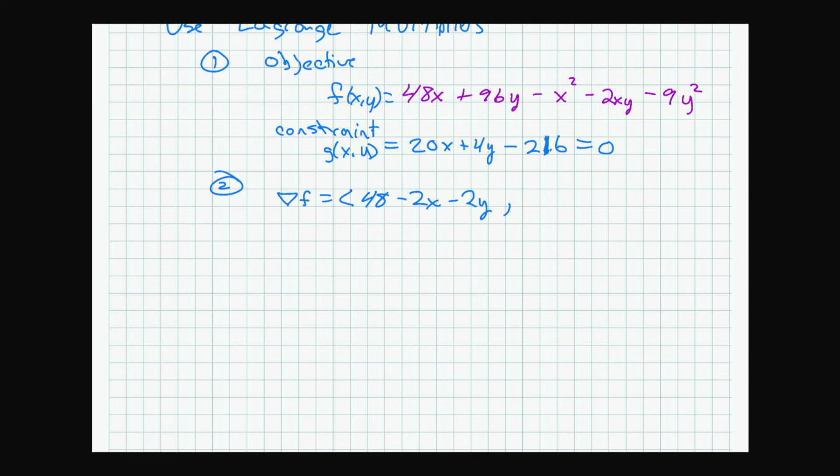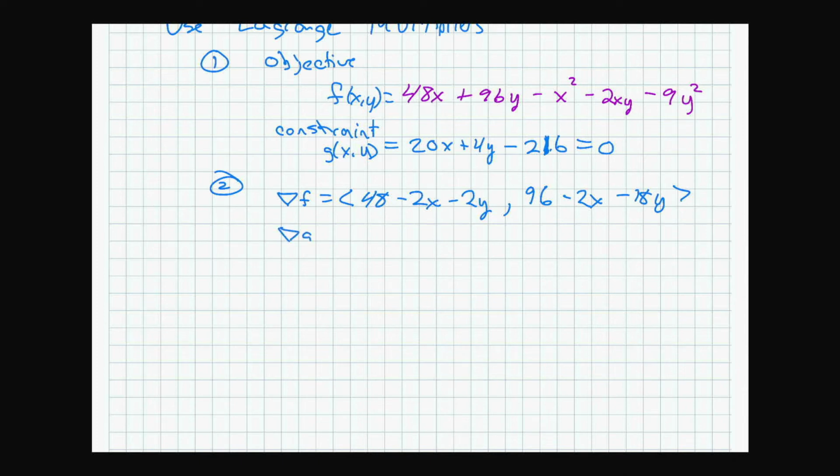For the y derivative, the derivative of 96y is 96, the derivative of negative 2xy is negative 2x, and the derivative of negative 9y squared is negative 18y. All right, so there are your partial derivatives.